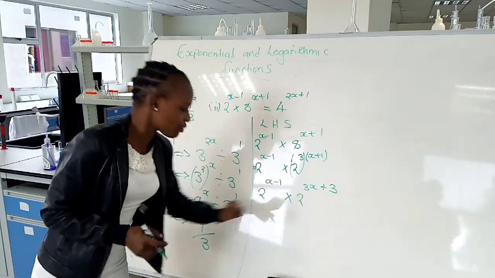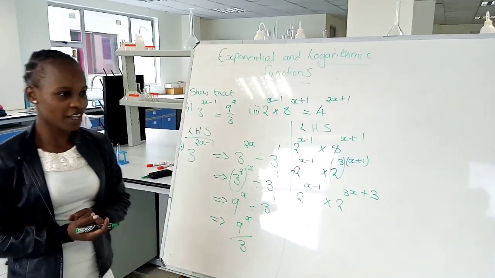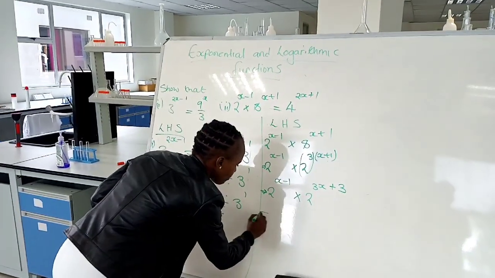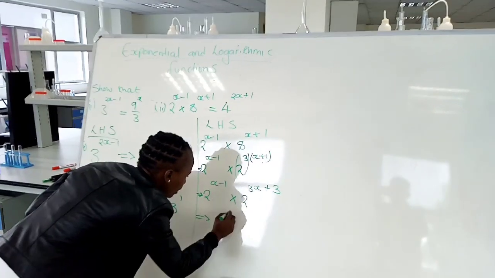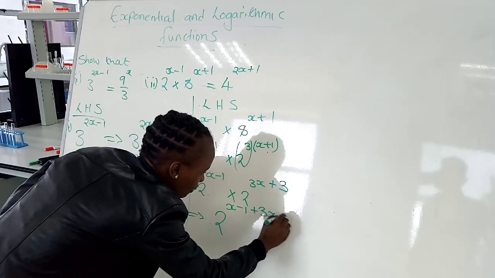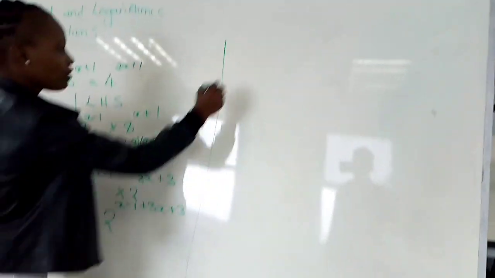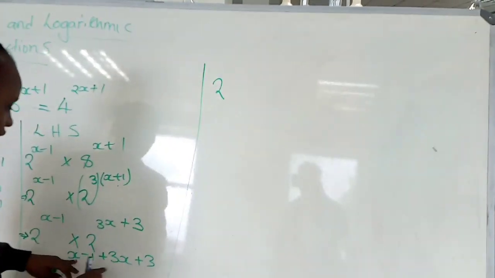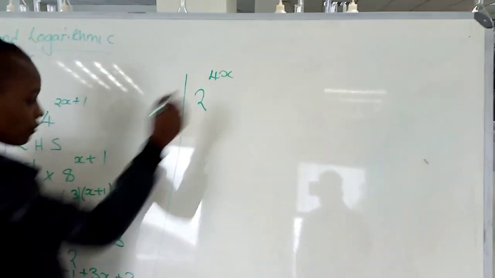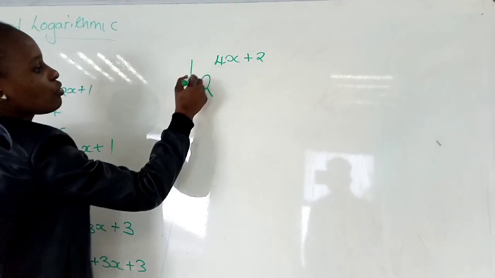When we look at this and what we have on the other side, the bases are the same. So we're going to deal with the exponents just by adding them, of course. On the next step, we're going to have 2, then we have x minus 1 plus 3x plus 3. So from what we have down here, we have x plus 3x, we collect like terms, of course. This is going to be 4x. Then we have negative 1 plus 3, which gives us plus 2.